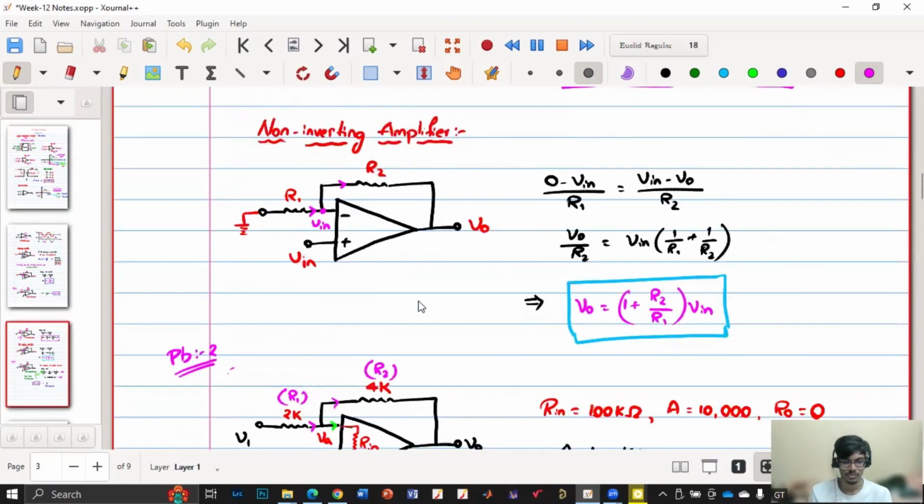In this case, gain is set to 10, let us say. R2 by R1 I have taken as 9. V in is equal to 0.5, VCC is 5 volt. If V in is equal to 1 volt, so I want to exceed that, then the output is always saturated in that scenario.